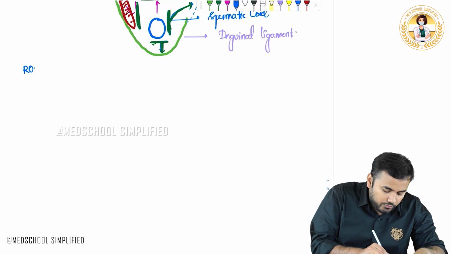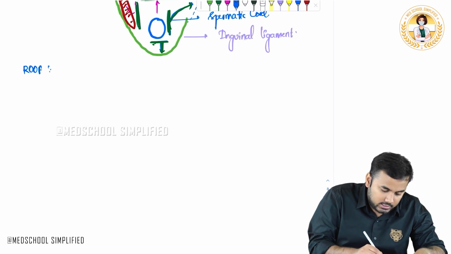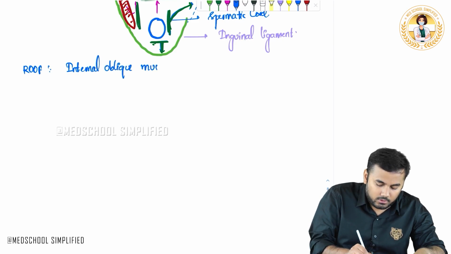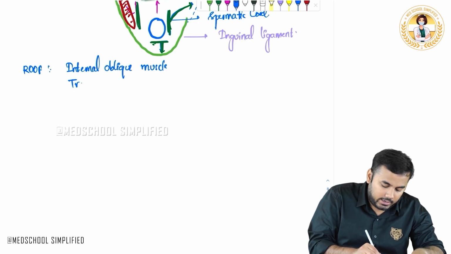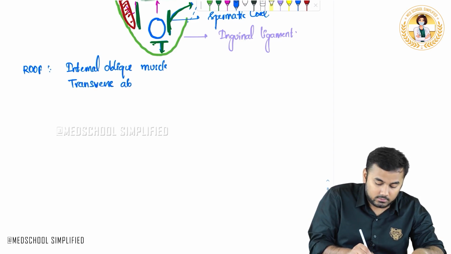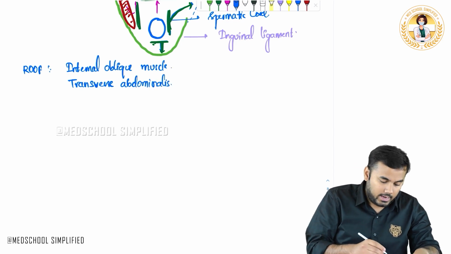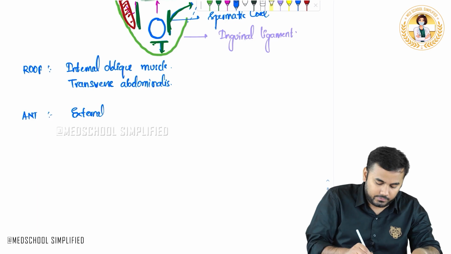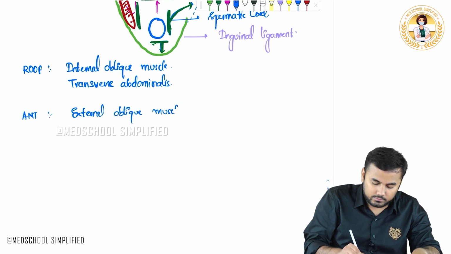So, the roof is consisting of internal oblique muscle and transverse abdominalis, two muscles, right? And after that, the anterior side is consisting of external oblique muscle, right?